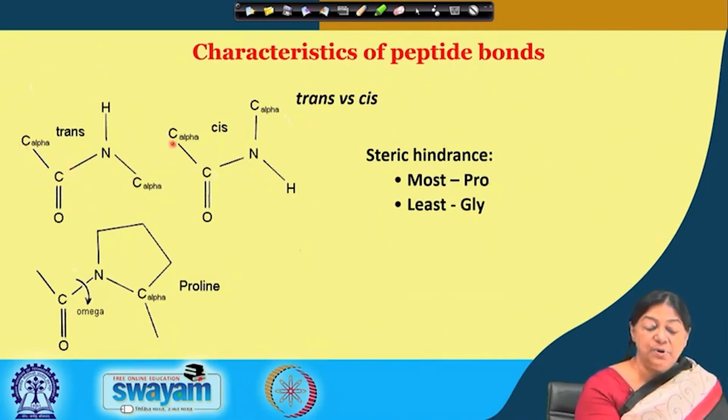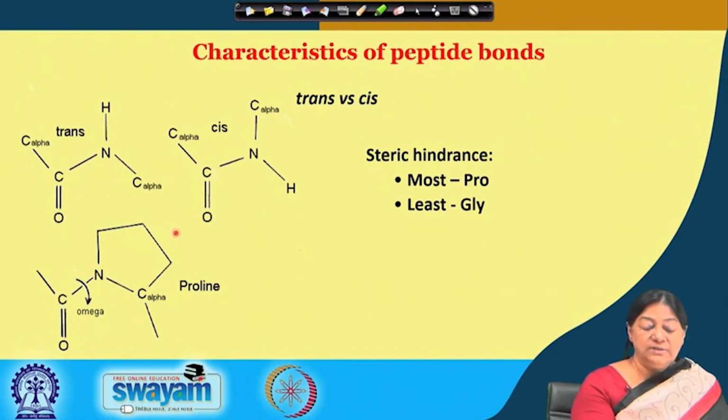However, there is a possibility of a C alpha cis conformation, which is less likely because of the bulk of the side chains, because this C alpha is going to have a side chain linked to it. If we have a side chain linked to it, there may be steric interaction, which means that the trans conformation is observed to a much larger extent than the cis conformation.